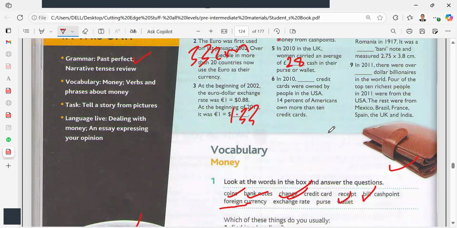Number 6, in 2010, maybe 8 million. Yes, 8 million. Number 7.